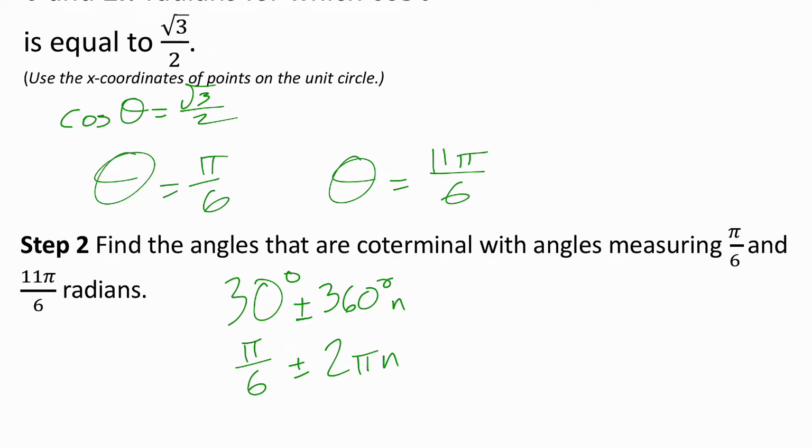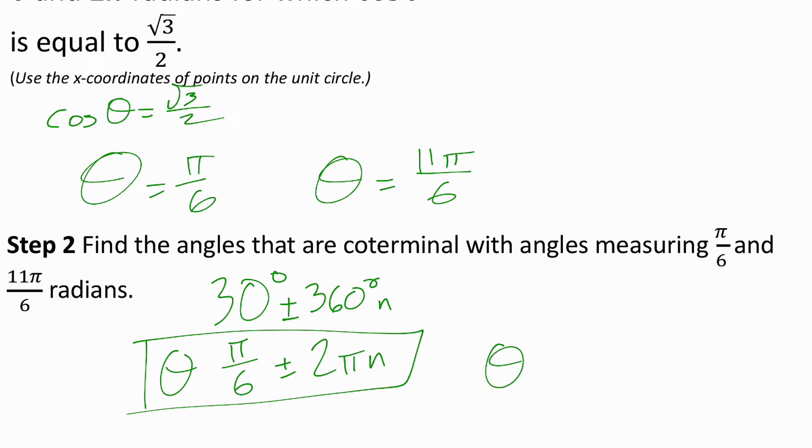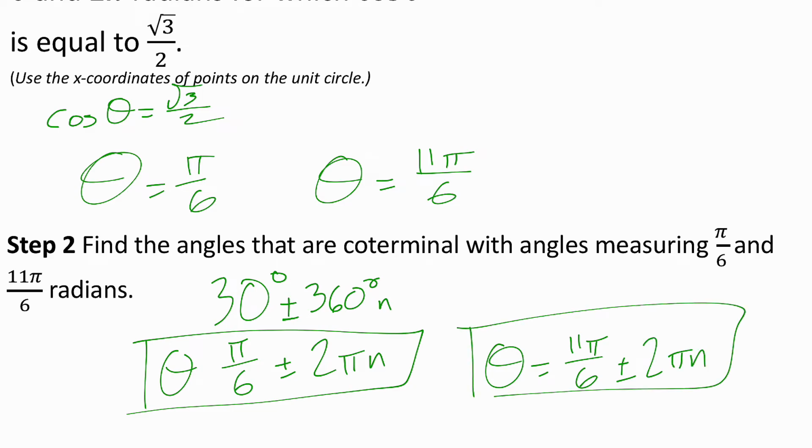So it could be plus 2 pi, minus 2 pi, plus 2 times 2 pi, or 4 pi. So that's one of our answers describing all possible coterminal angles. Same deal with the 11 pi over 6. So we get theta equals 11 pi over 6 plus or minus 2 pi times n. So those are our two, well, technically infinitely many solutions.